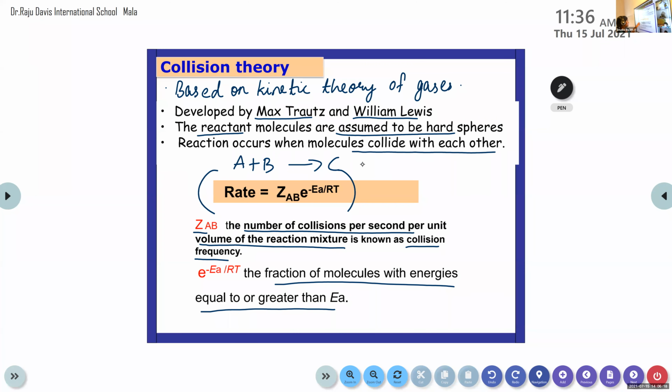That's determined by this factor ZAB. And e raised to minus EA by RT stands for the fraction of molecules with energy equal to or greater than EA. EA is activation energy.